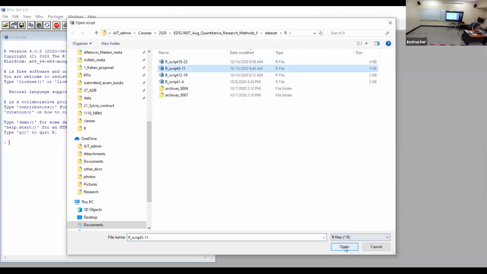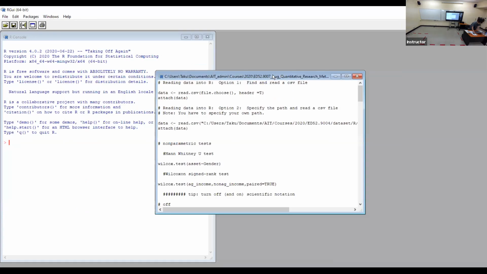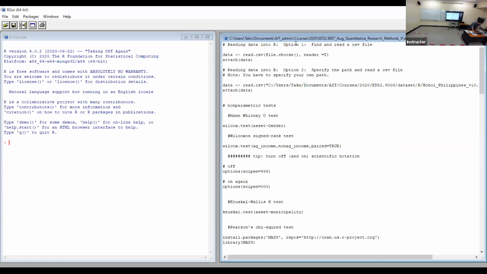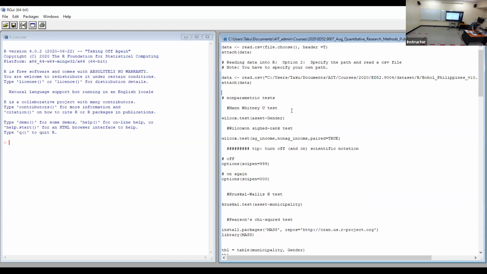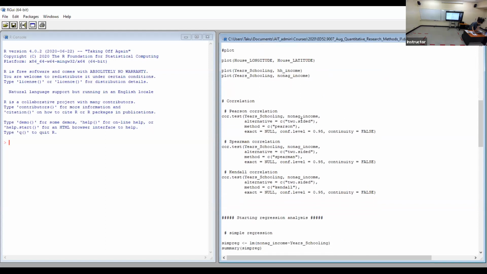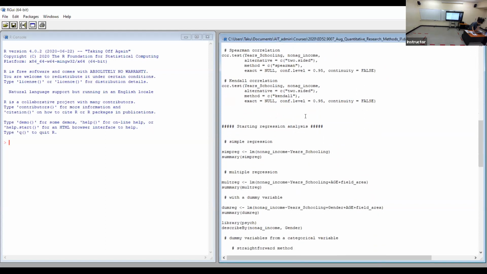So now you're working on R script 5 to 11. So that one you open. I just enlarge it. You go down, you finish the plot, correlation. Next to correlation, you have this one: start of regression analysis.